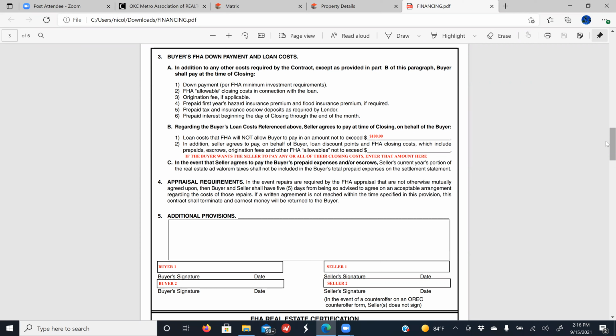So in this case, let's say that the total closing costs that they need covered are $5,000, and the lender said that the unallowable costs that they have are $100, then we would simply write under 3B1, 100 in the first line, and then on 3B2, we would write 4,900, which would total $5,000 that the seller would pay towards the buyer's closing costs.